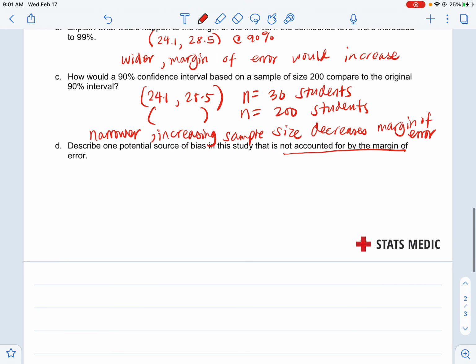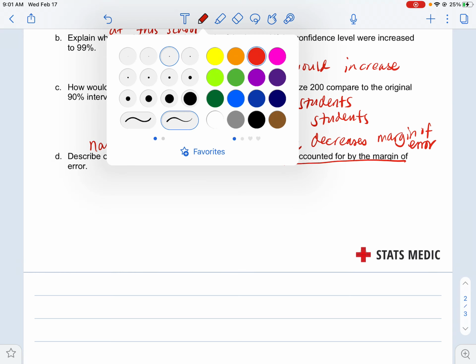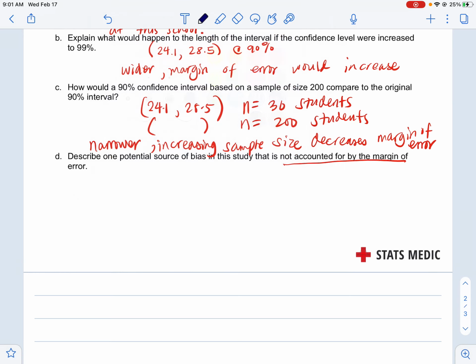What about under coverage though? What is under coverage again? Let me change the color. Under coverage. What does that mean?